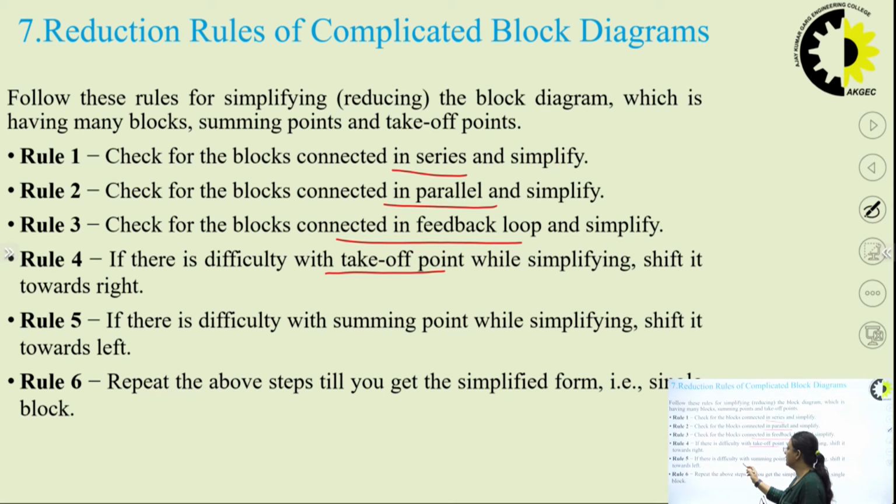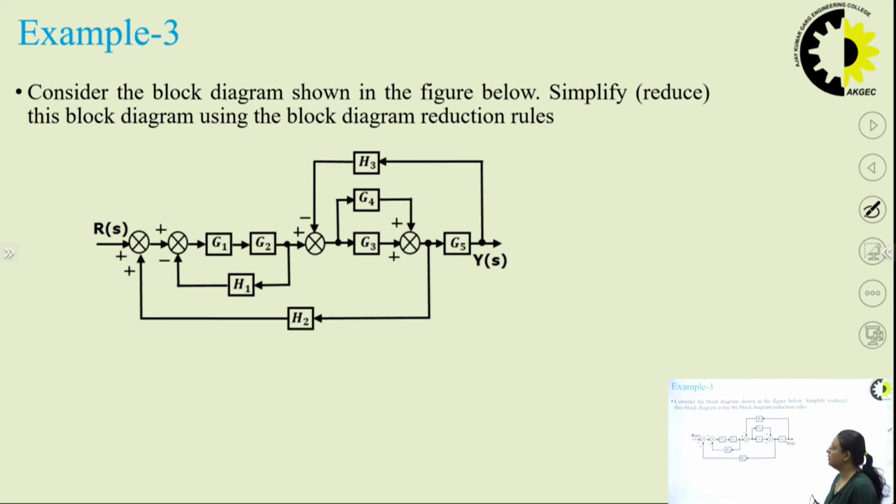Then rule number 5 says that if there is difficulty with the summing point while simplifying, then we can shift it towards left, preferably towards left. We can also shift it towards the right, but we have to follow the reduction techniques, right? And we have to repeat all these steps to simplify the complex system until we get a single block for the particular system.